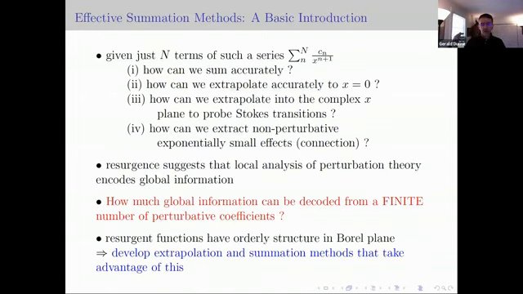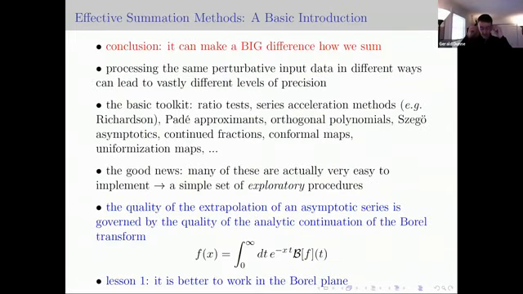So if we're going to do it in the Borel language, which, as I said, is complementary to these other ways of doing it, and in the end, it's of course all the same thing, using different words and different formulas. The quality of the extrapolation of an asymptotic series is clearly governed by how well we can analytically continue the Borel transform function. So we're making a transform from this function to this function.